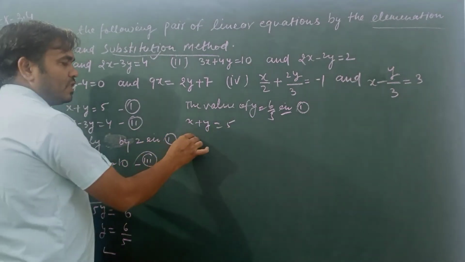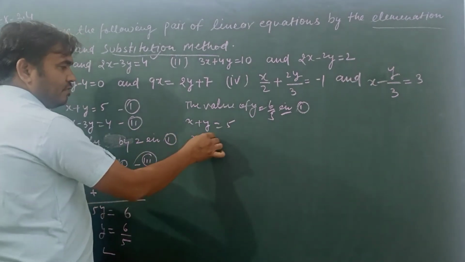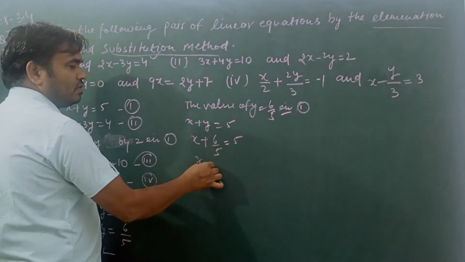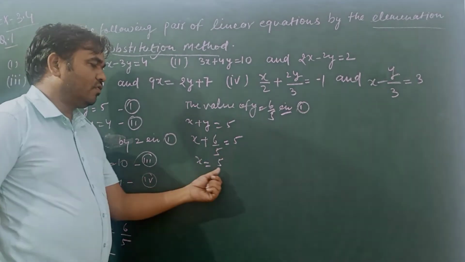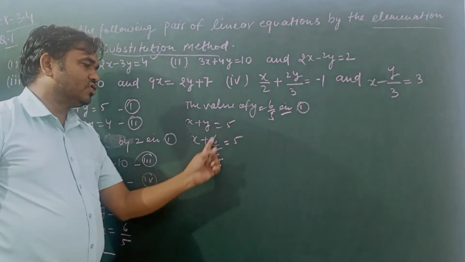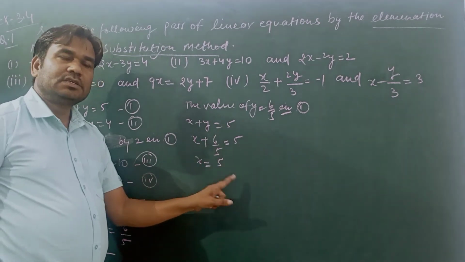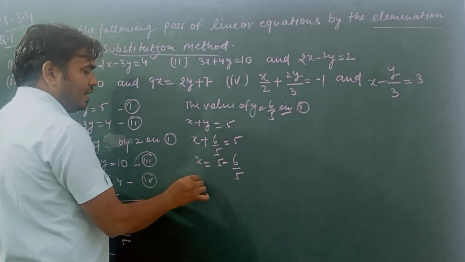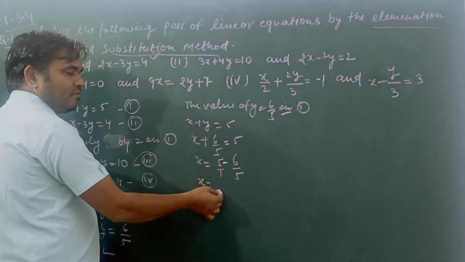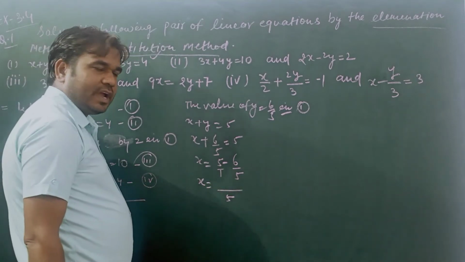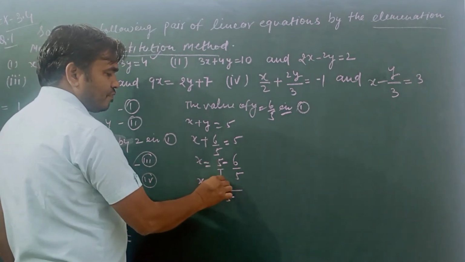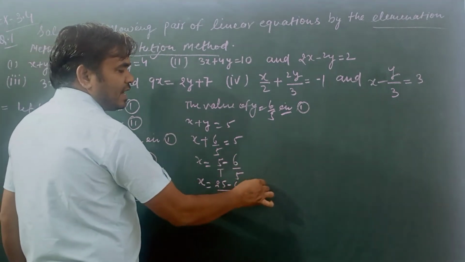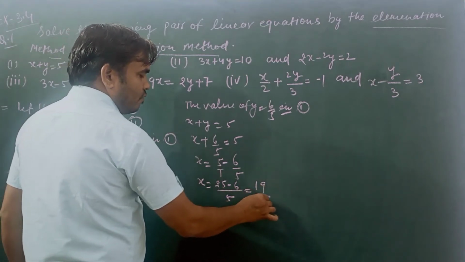Putting y equal to 6 over 5, x equal to 5 minus 6 over 5. Taking LCM 5, x equal to 25 minus 6 over 5, which is 19 over 5.